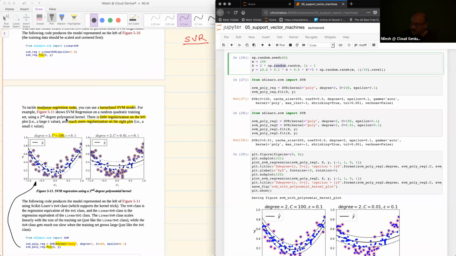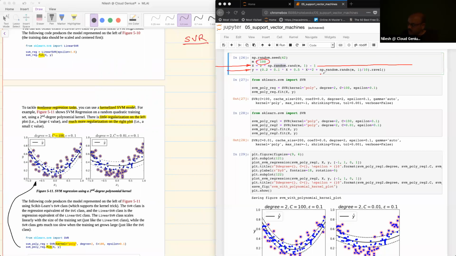The data we are using in this example is a generated data set right here. So what we are doing is creating 100 data points with random X values, but the Y values are not strictly random.